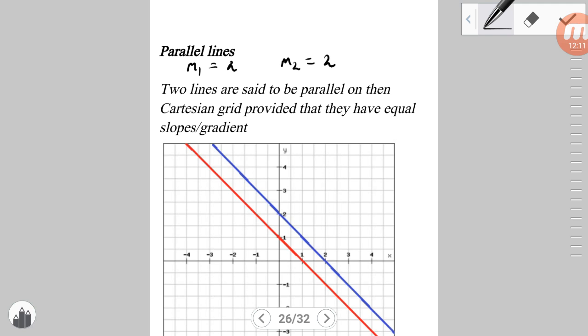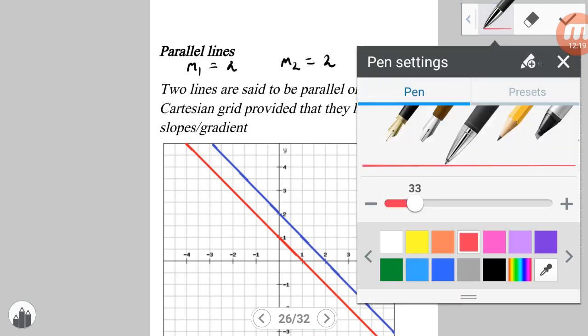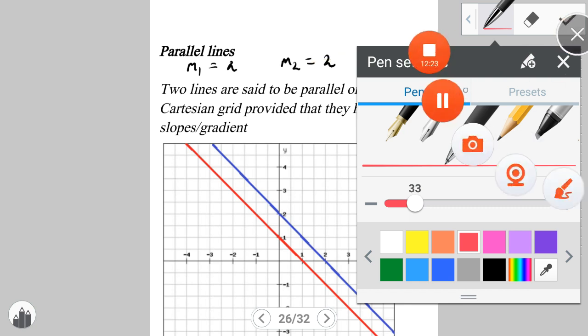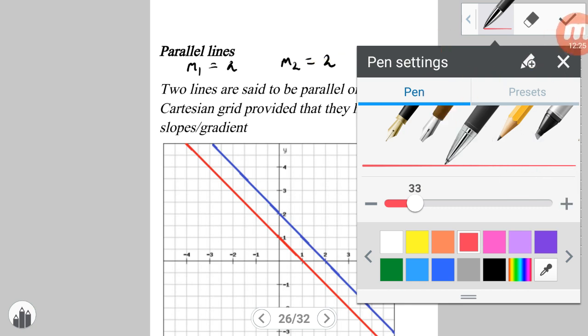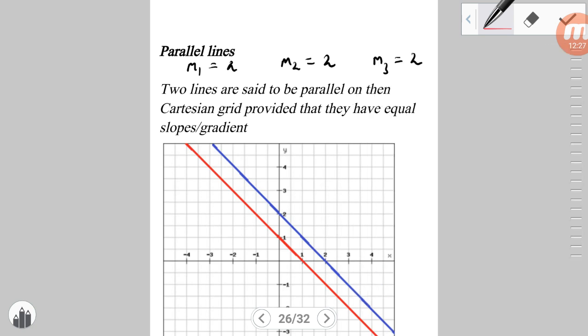And it could also be another gradient, let's say M3, and I also worked it out and I get 2. What does this really mean for us when we're getting the same gradient? We're getting 2 here, 2 here, and 2 here.